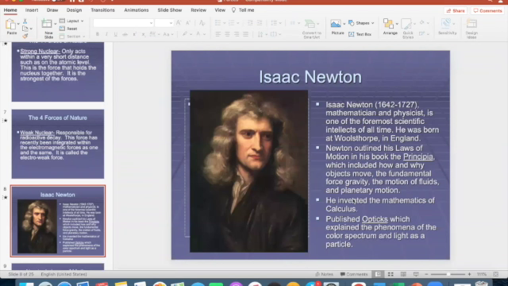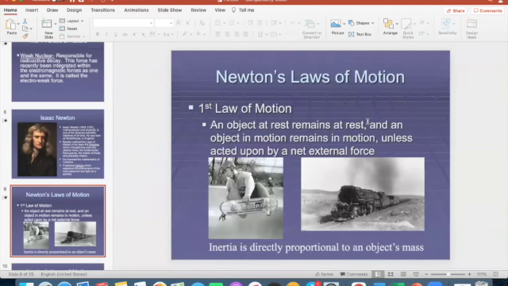All right, so again, Newton's laws of motion are named after Sir Isaac Newton, and he is considered the father of physics. Getting into the laws of motion, this is the stuff you do need to know. There are three laws of motion. The first law states that an object at rest will remain at rest, or an object in motion will remain in motion, unless it's acted on by an outside force.